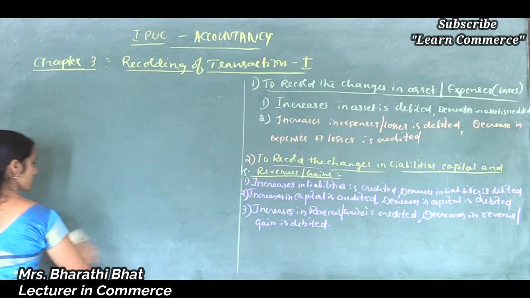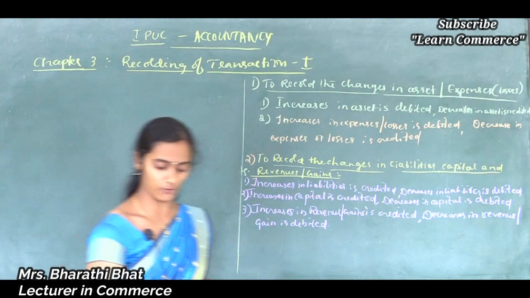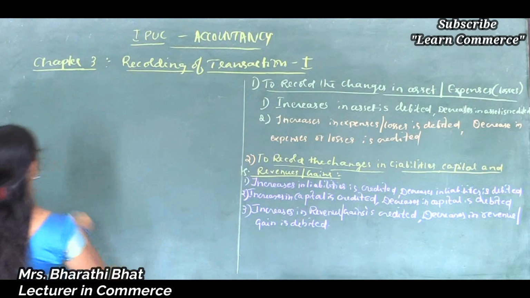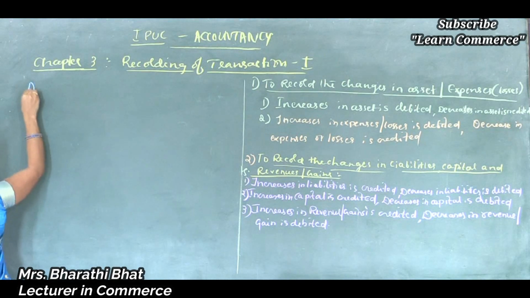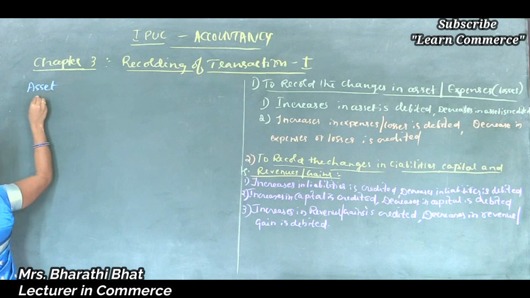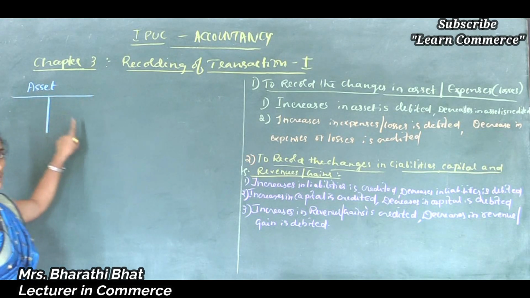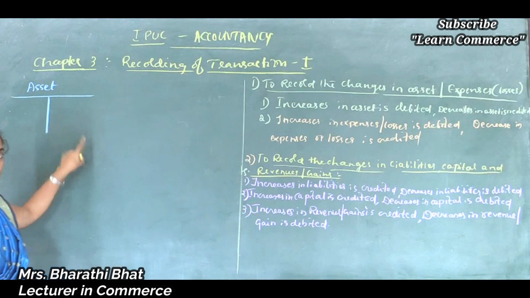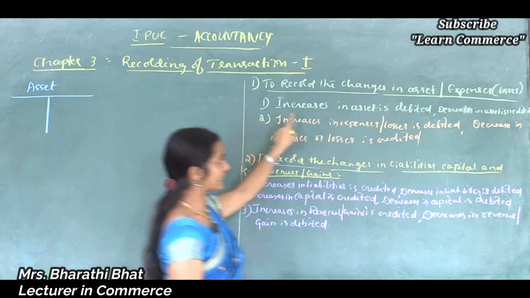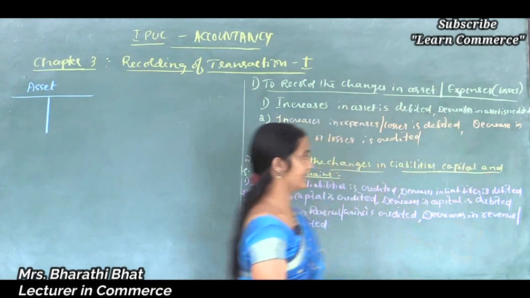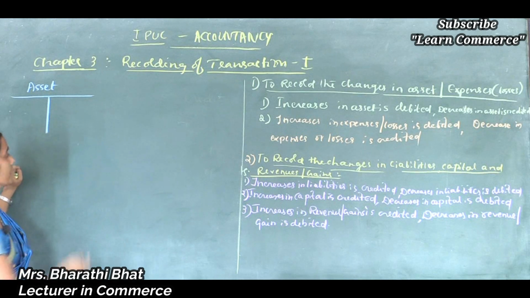Let's see these rules, how these rules are applied in the T format. See, first one is asset. First classification is what? Asset. Left hand side and right hand side. Here, increases in asset is debited. Here, this side is debit, this side is credit, we know that.